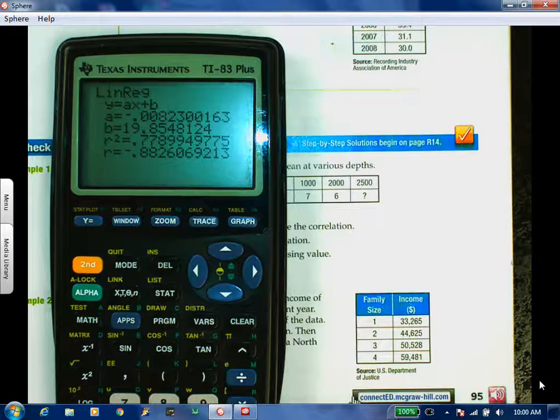Now, that's the R squared and R values. Okay, if you look at the R value, this is what they call the correlation coefficient. Okay, this was part B on number 10 or something like that, but I said you can skip.